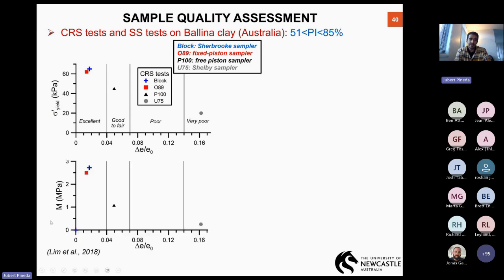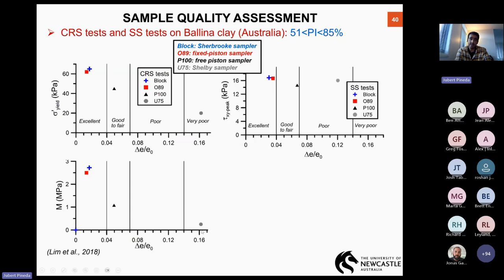The M modulus, the odometer modulus, the same thing. Only the block and the fixed piston give us the high quality specimen, and the Shelby always gives us the very poor sample quality. In terms of the simple shear, more or less the same. So the Shelby tube gives us the poor sample quality.